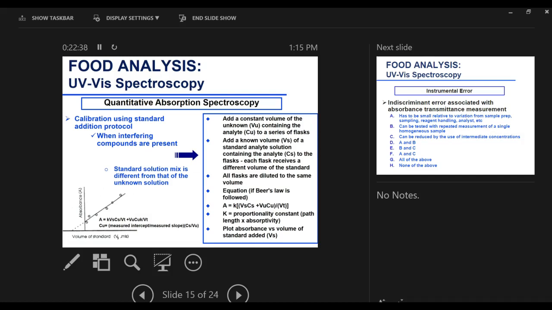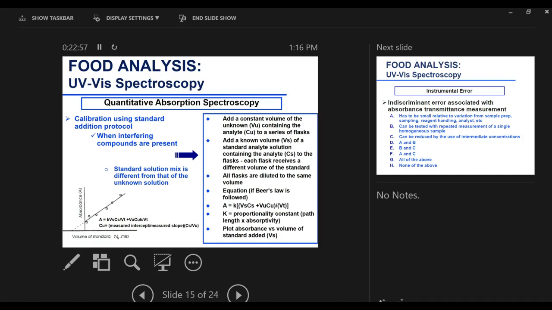So now I'm building my gradient, or my different concentrations. And then after that, I make up to the same volume, whatever it is, 10 milliliter, 50 milliliter, 100 milliliter, whatever is my volume.